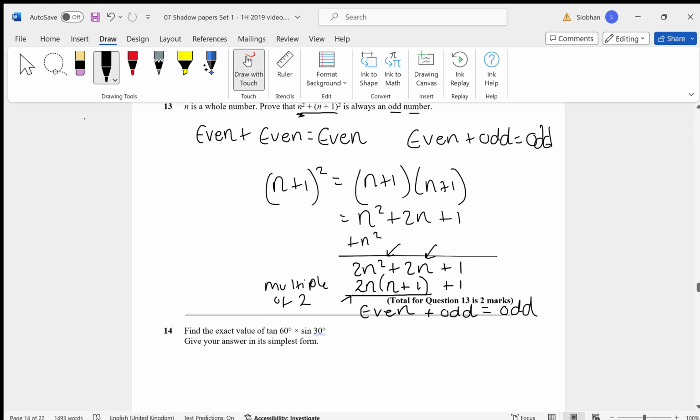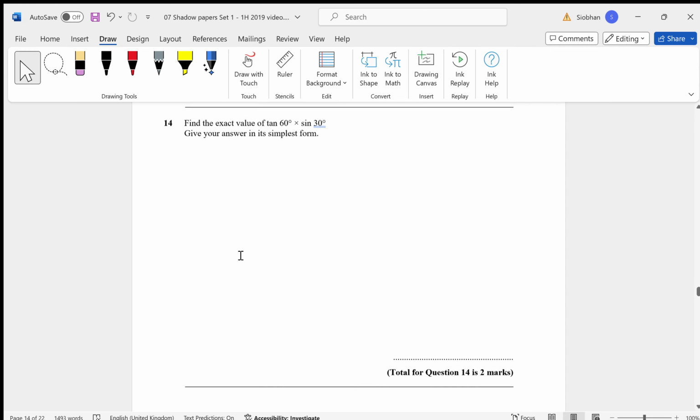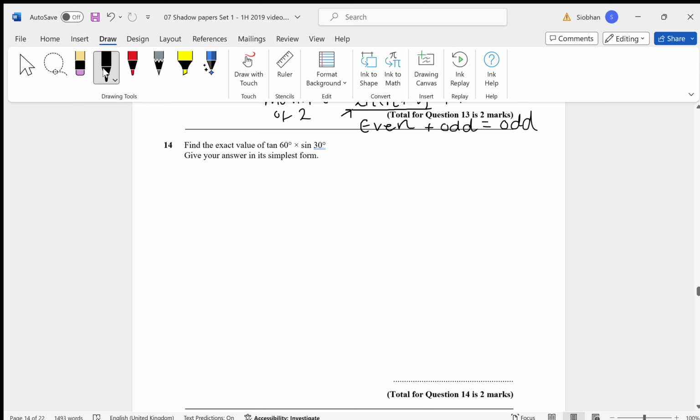Right, question 14. You need to know your exact trig values, so there's a few ways you can learn them off by heart. There's a table, there's 14 to learn off by heart, or if you go on Maths Watch and put in the search bar exact trig values, they've got a really nice way of remembering them using a hand trick where they number your thumb and your 4 fingers with the numbers 0 all the way up to 90.